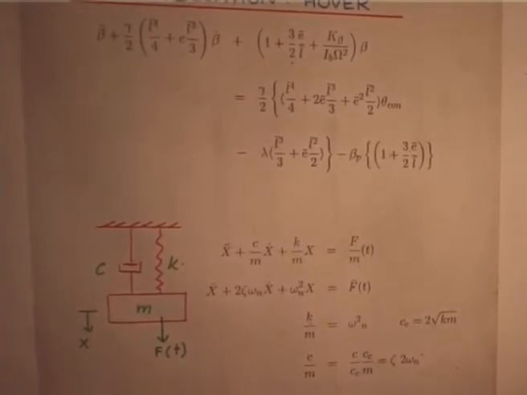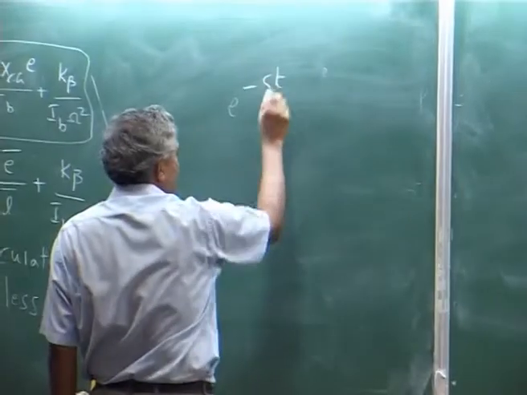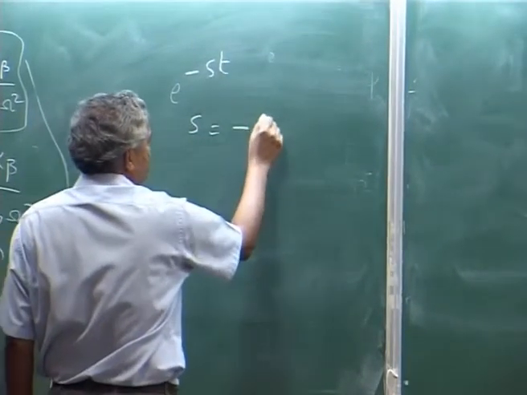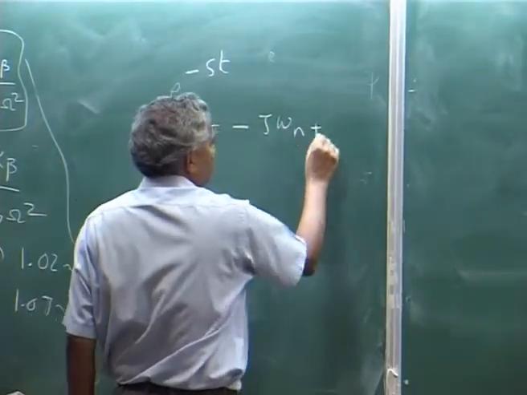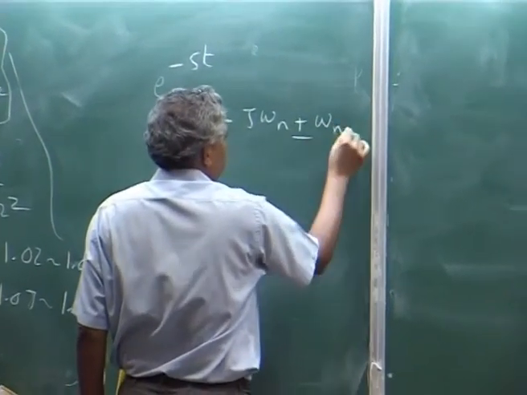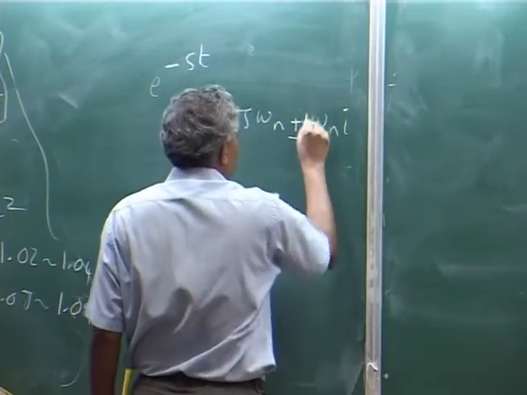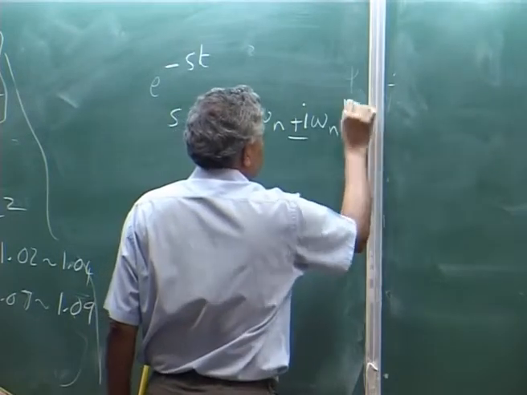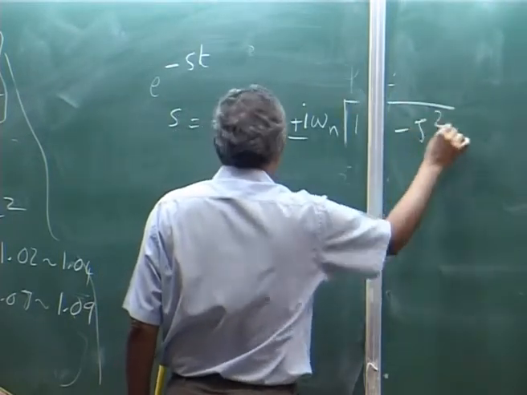You have all studied the single degree of freedom system, and what are the eigenvalues, the roots of the equation. You will write e to the power s t, and you will write s as minus zeta omega n plus or minus i omega n root of 1 minus zeta squared.